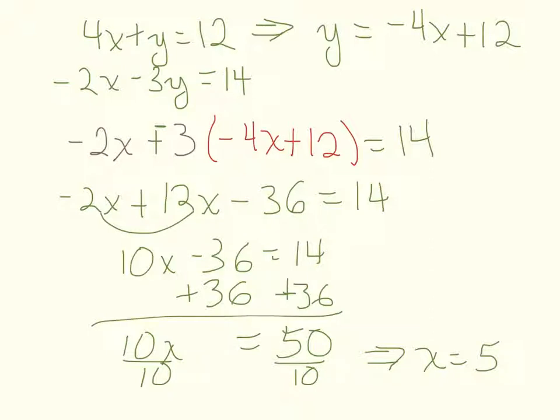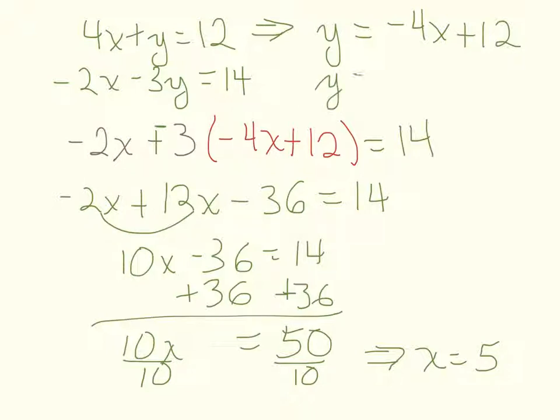And once again, just like before, we're not done. That gives us x. We still have to find y. So we want to plug this 5, x is equal to 5, up here in this equation. Substitute 5 in here, and then we'll be able to figure out what y is. So let's do that.